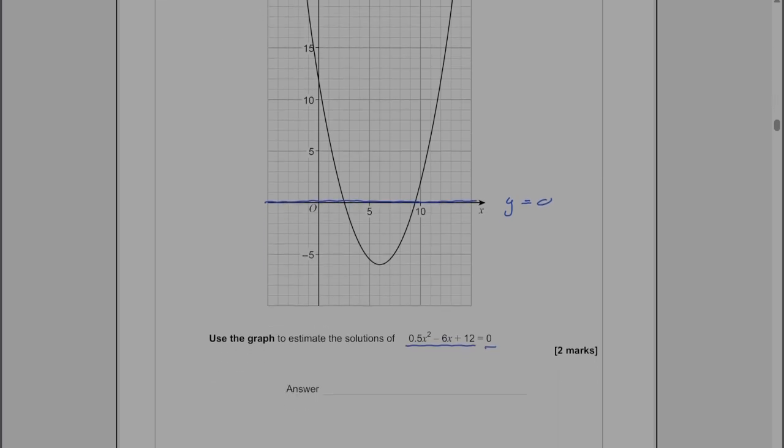So the point of intersection looks like x would be equal to, this solution here is 0.25. But no, it's not. It's 2.5. It's halfway between 0 and 5, so 2.5. And then this is looking like 9.5.